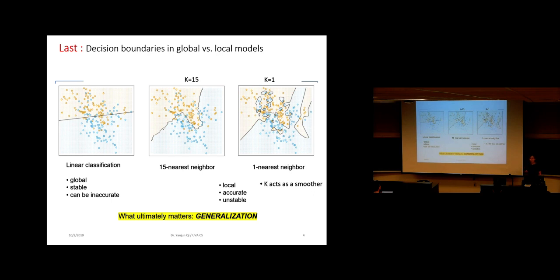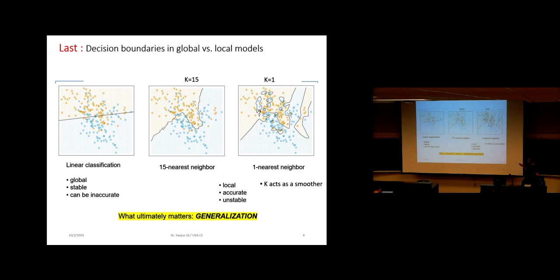There are two different kinds of samples in this 2-dimensional space: the orange color is class 1, and the blue color is class 2.